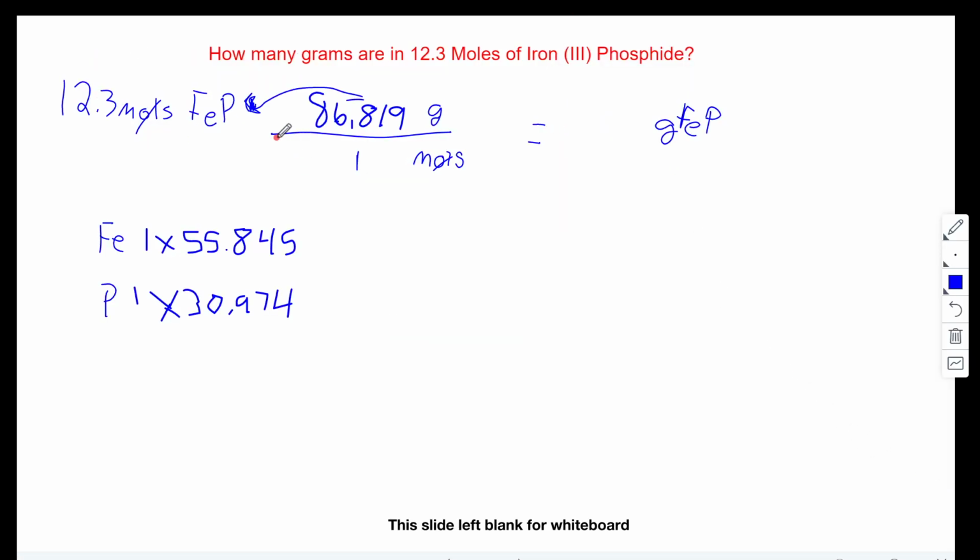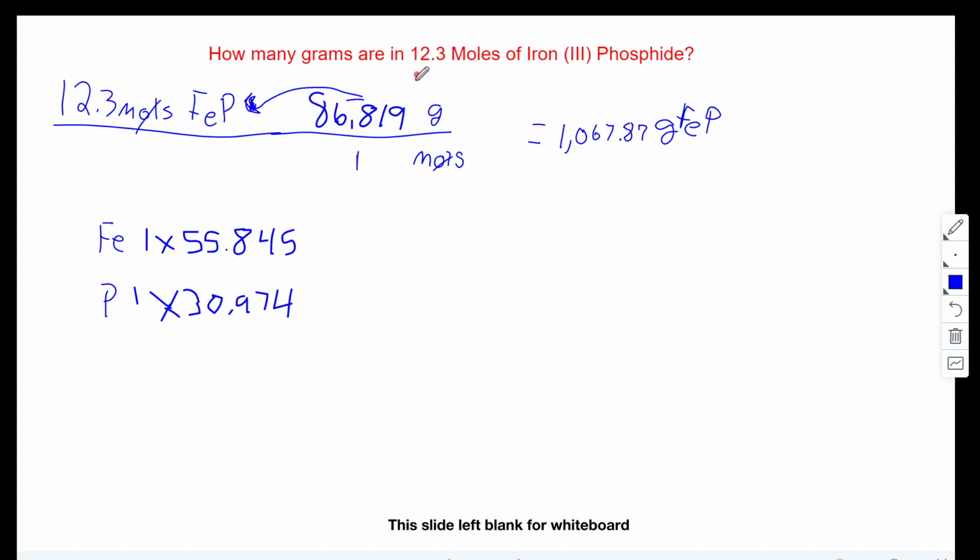Then we'll go ahead and draw our line out all the way through, and we'll be like, hey, we have 12.3 times 86.819. Okay, and we should end up getting a lot of grams. 1067.87.